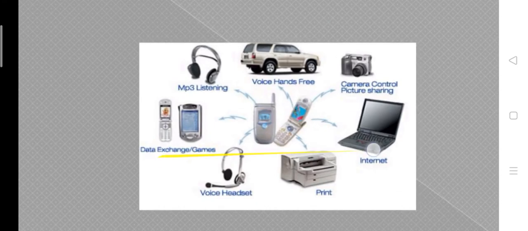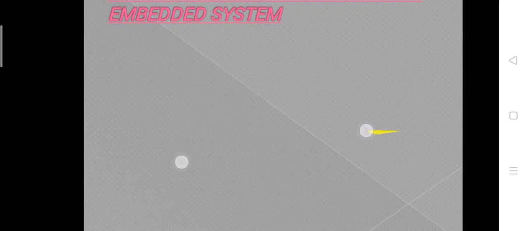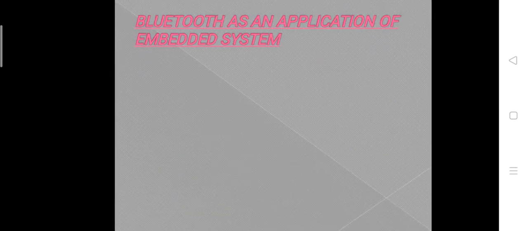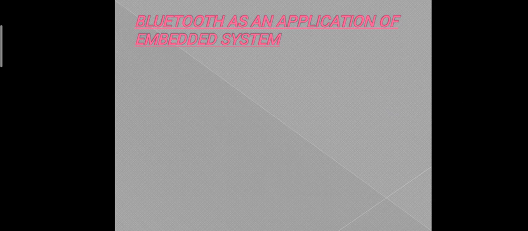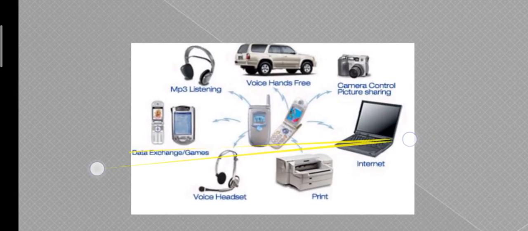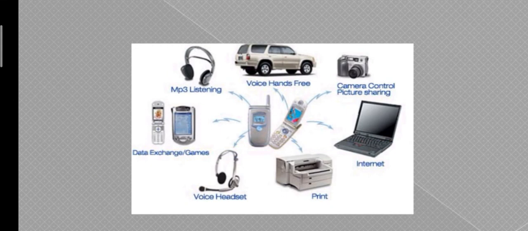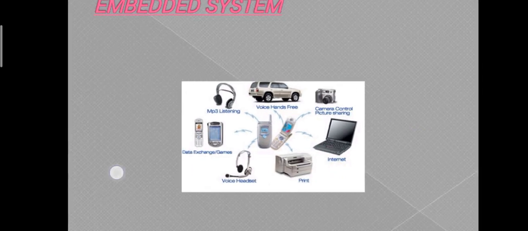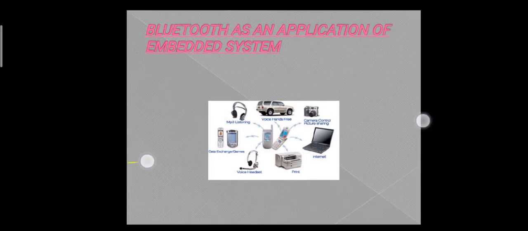Here you may find Bluetooth being used in MP3, data exchange with mobile phones and games, voice headsets, printers may be connected with Bluetooth, internet is also making use of it, camera control, picture sharing, voice hands free. So these are just applications of Bluetooth.